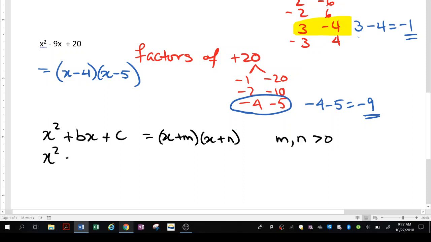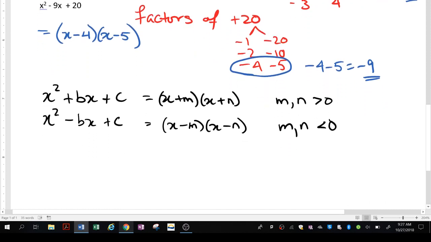If we have x squared minus bx plus c, and that is equal to a product of two binomials, then to get the positive c and the negative b, those must both be negative. We must have the case of (x minus m)(x minus n). So m and n are less than 0.